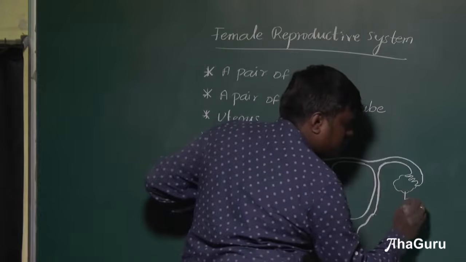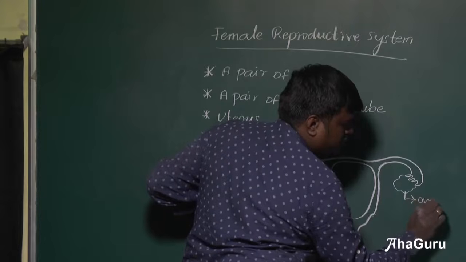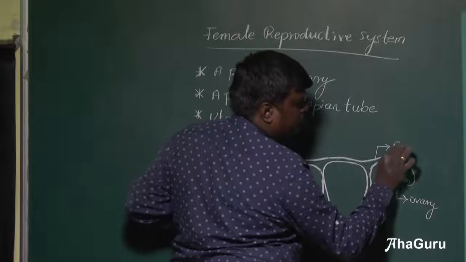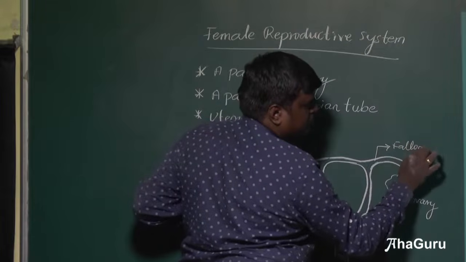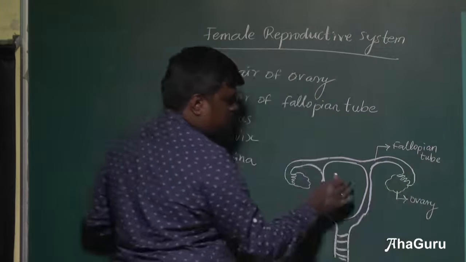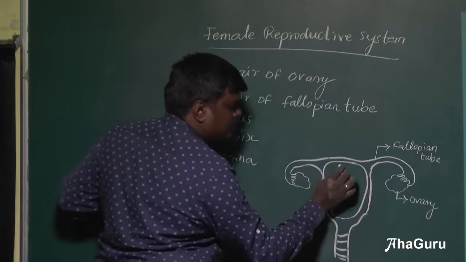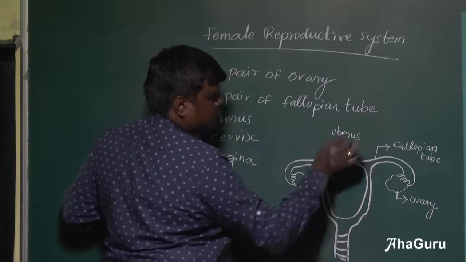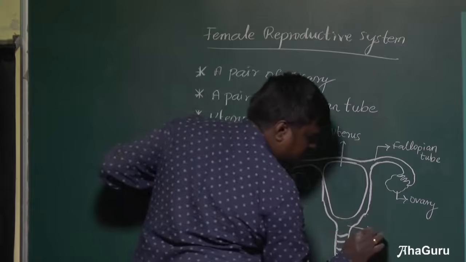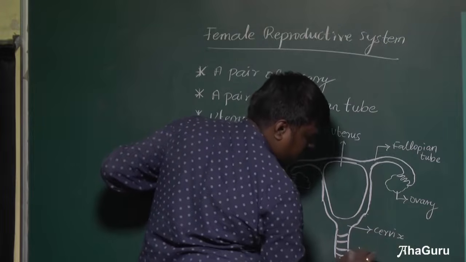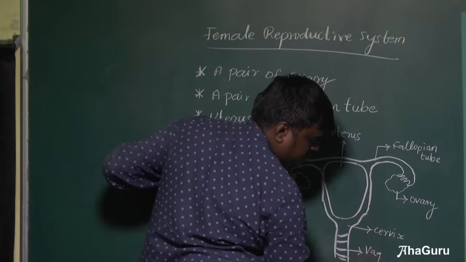So, this part is the ovary, and this is the fallopian tube, and this part is the uterus, and this region is called the cervix, and this is called the vagina.